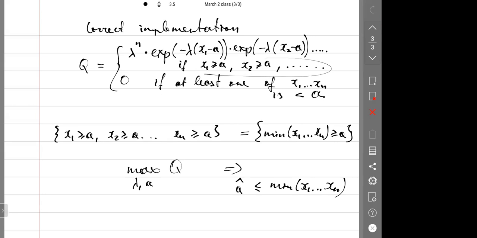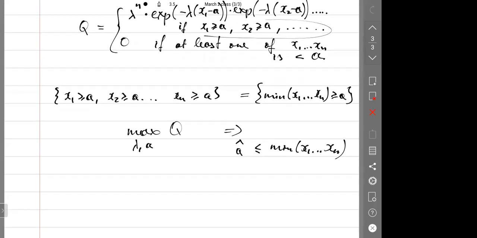Okay, and let us simplify once again the expression q.